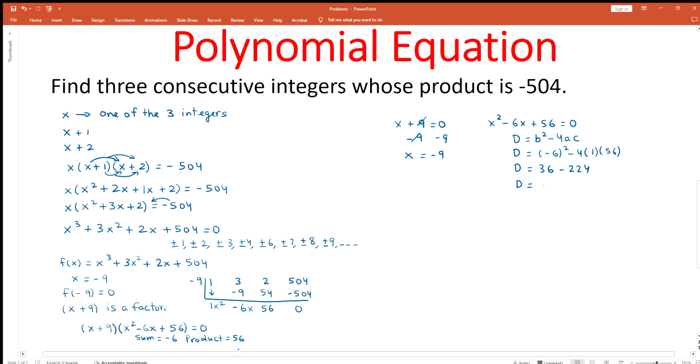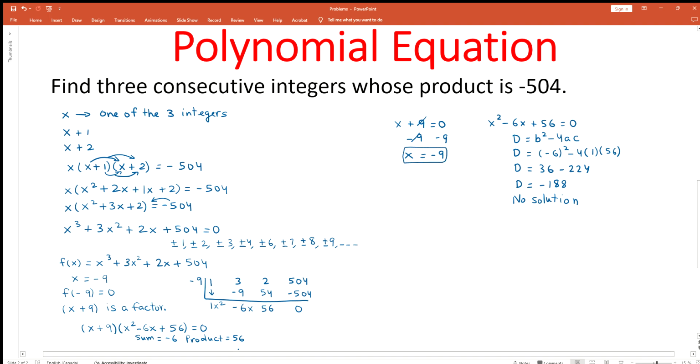D is equal to -188. Since the discriminant is negative, that means the quadratic equation has no solutions. Therefore, the cubic equation has just one solution, x equals -9.